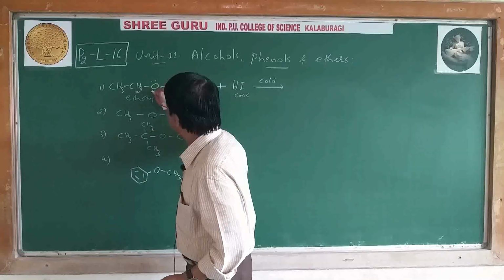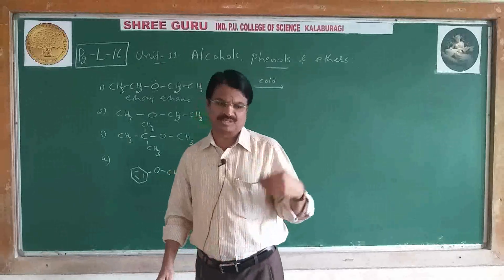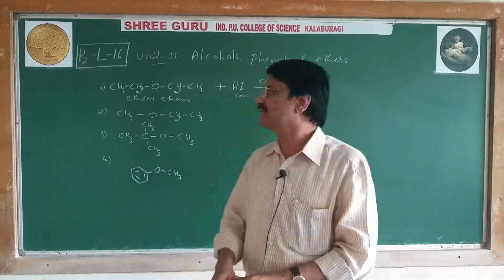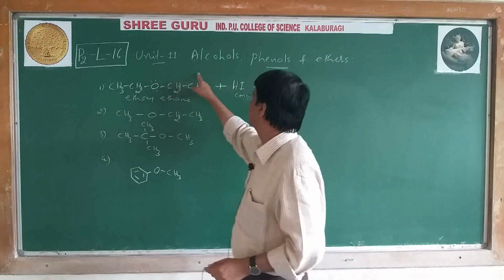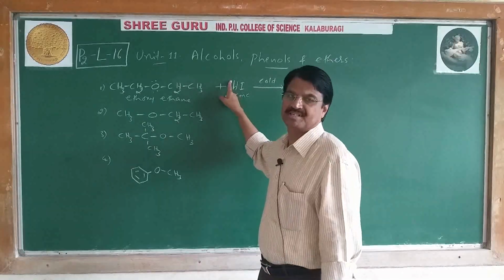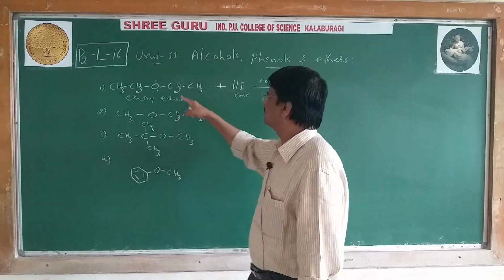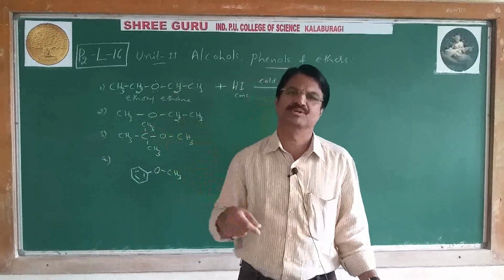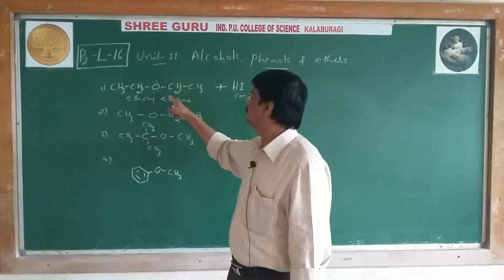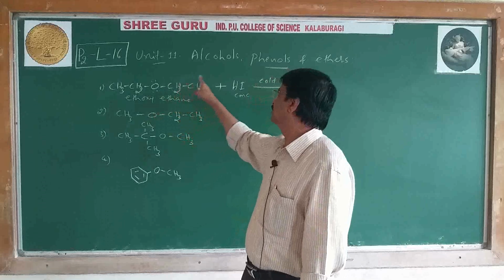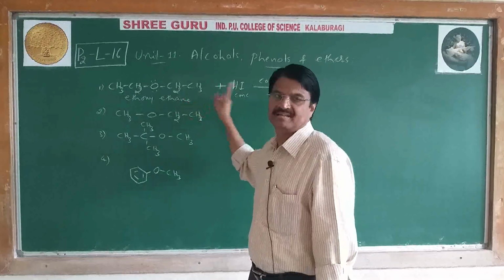Ether is an electron pair donor, or it is said to be a Lewis base. Then it can form an oxonium ion with the hydrogen ion of the HI. Next, that undergoes heterolysis to give one molecule of alcohol and another molecule of alkyl iodide.